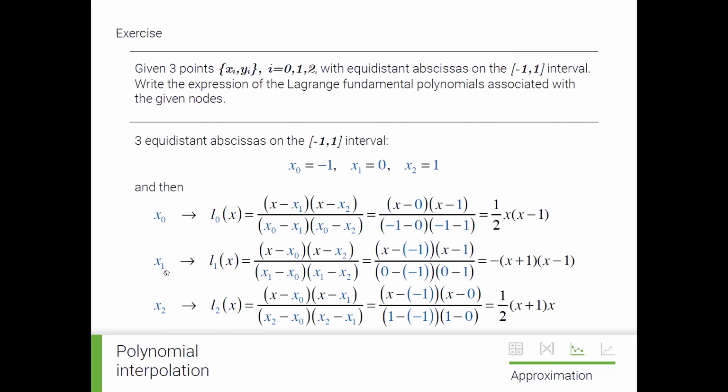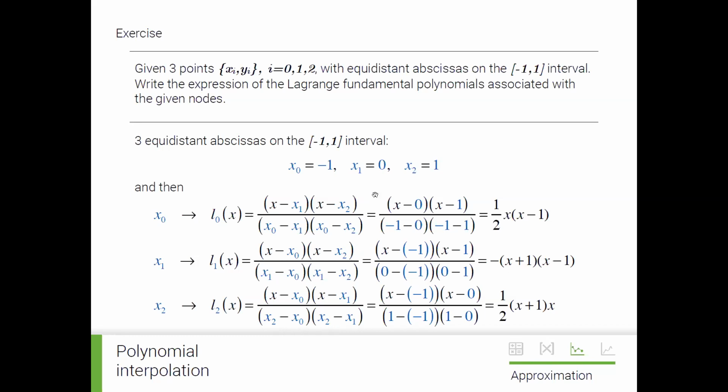And let's consider j is 1. When j is 1, we obtain these kinds of factors, minus (x plus 1) and (x minus 1). So this is when j is 1. And the next case, j is 2, so here it will be x2 in the denominator.